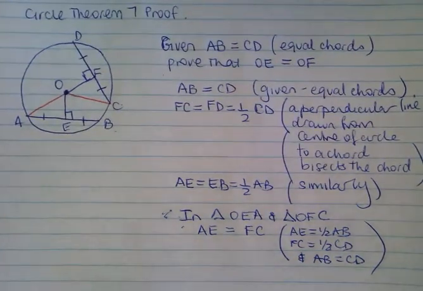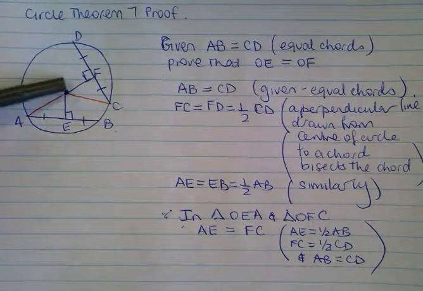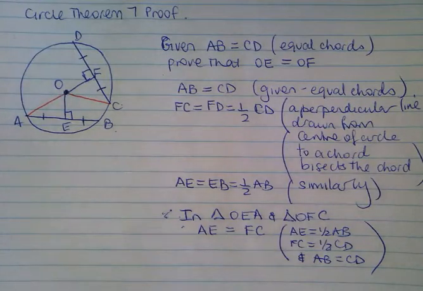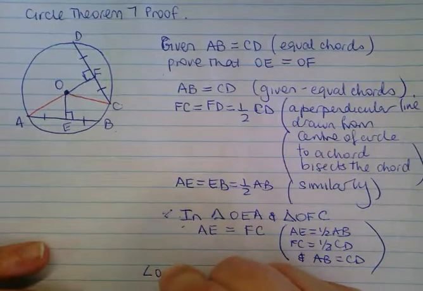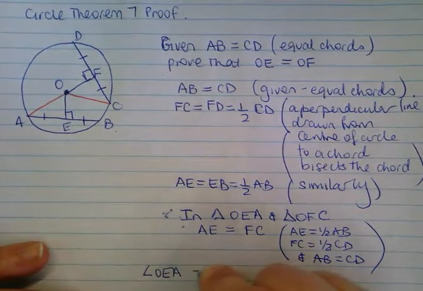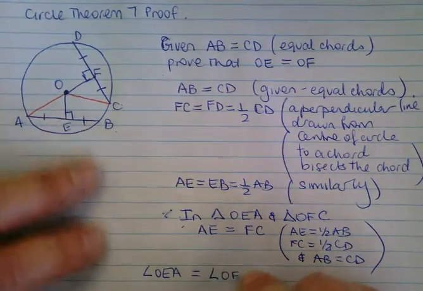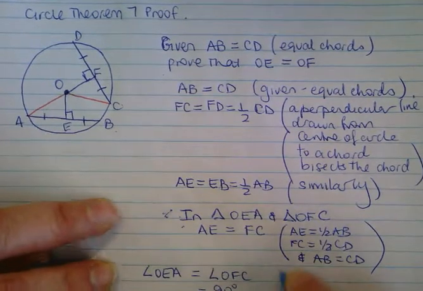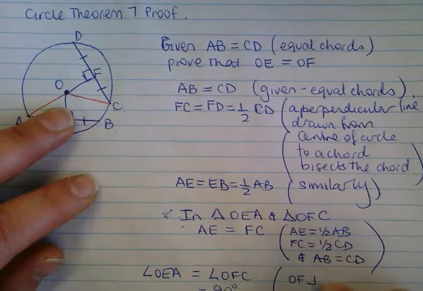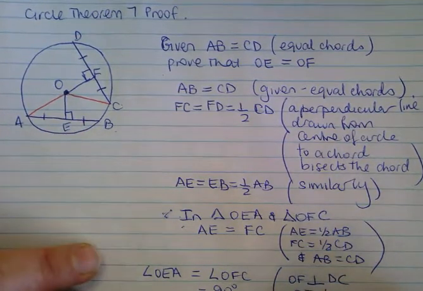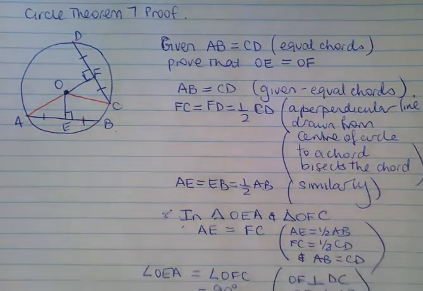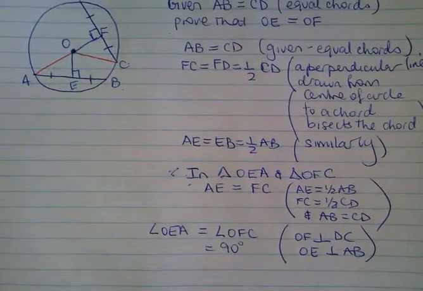What else have we got? We're not allowed to say that OE equals OF. That's what we're trying to prove. What else do we know? Yes, we've got that angle OEA equals angle OFC equals 90 degrees. The reason is that OF is perpendicular to DC and OE is perpendicular to AB. That's why they're both 90.